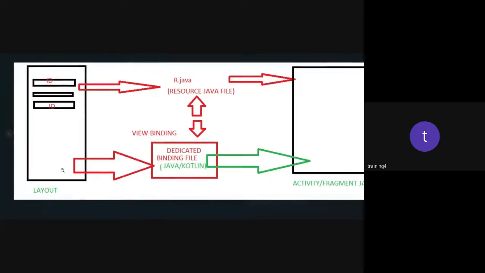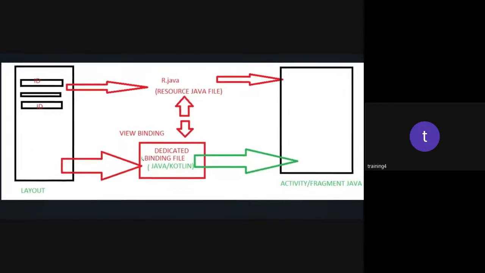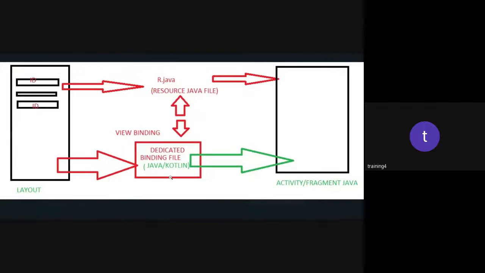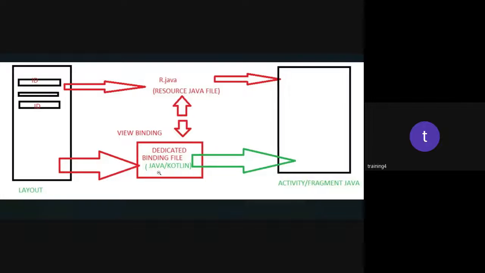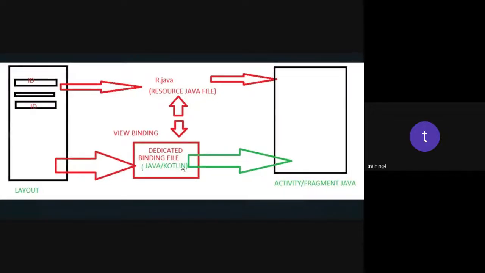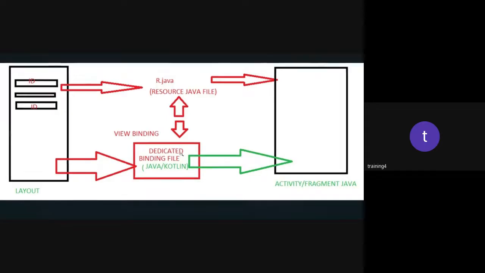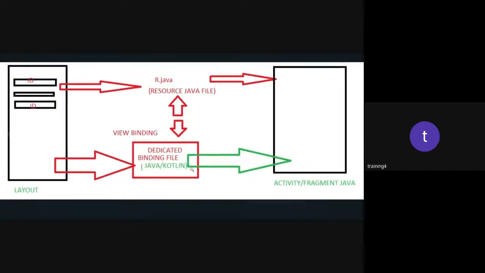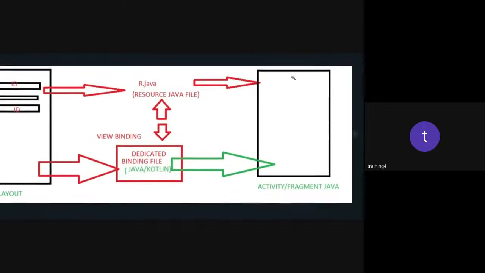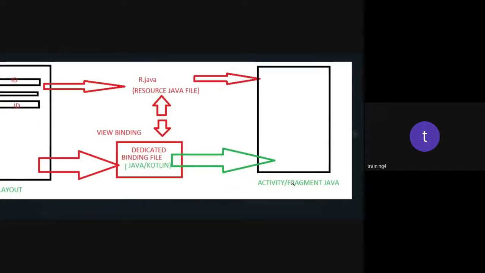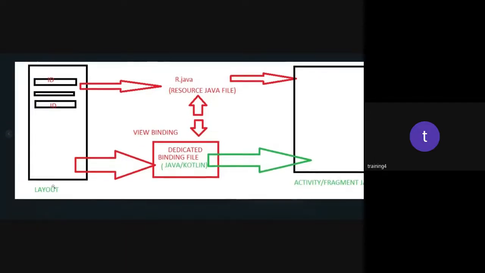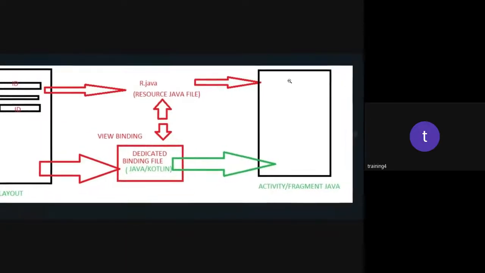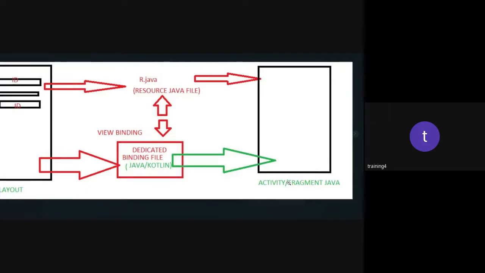For each and every layout, dedicated view binding files are present. These are represented in Java or Kotlin as per your language selection. From that view binding file, we can access the views present in the layout in our Java file.